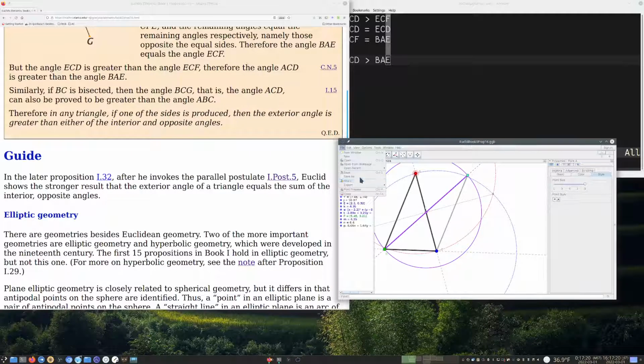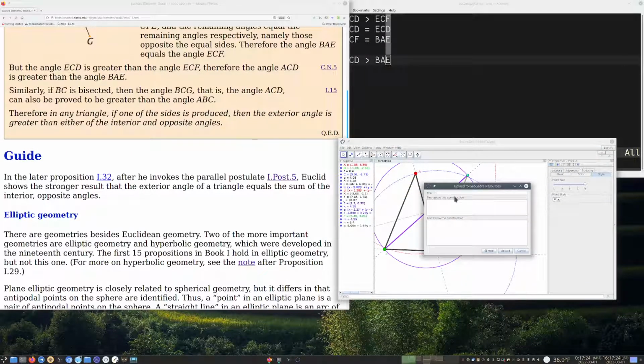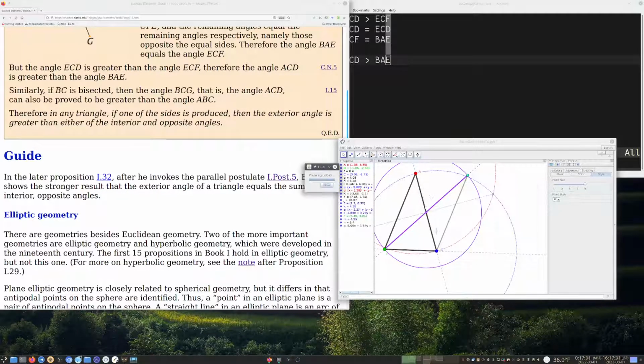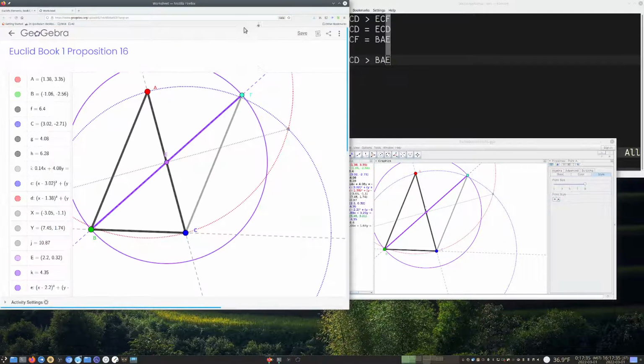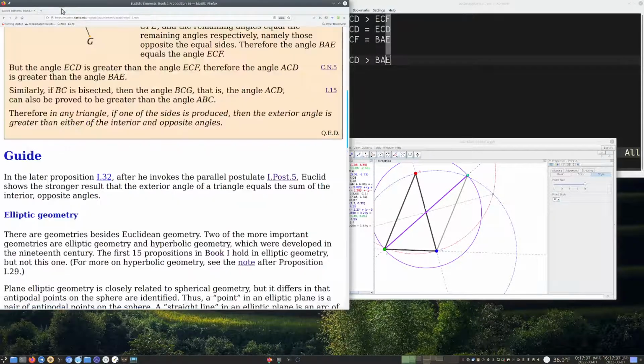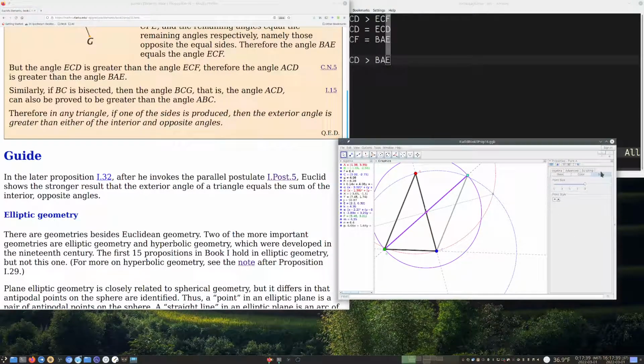Let me export web page. This one was fun. Oh no. Because I want to make it smaller.